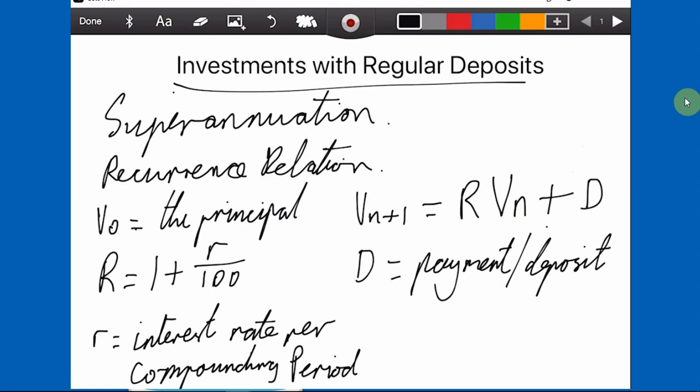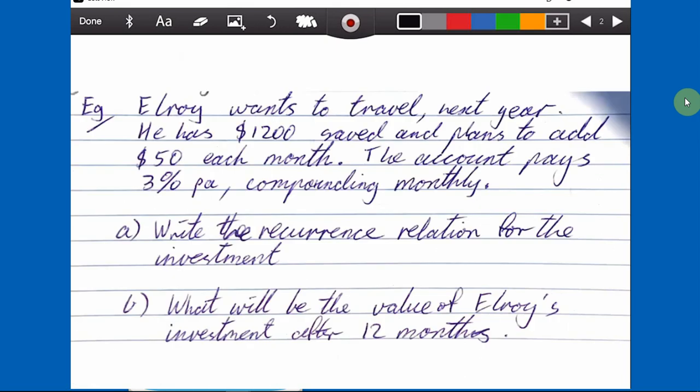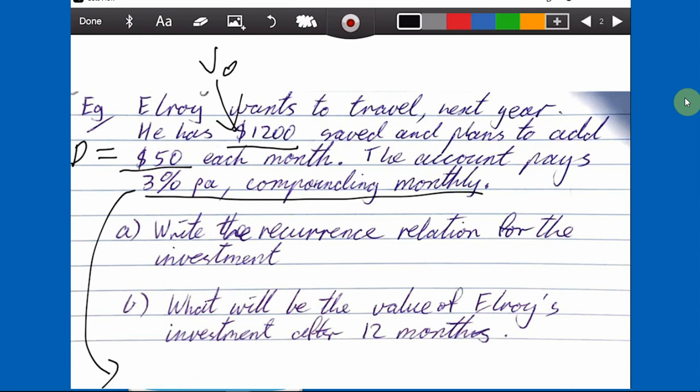All right, so let's have a look at a couple of examples. And so I'll do examples in two ways. The first example we'll look at the recurrence relation, and the second example we'll look at financial solver. All right, so here we go. We've got this fellow Elroy, wants to travel. He's got $1,200, so there's his V naught, and plans to add 50 each month, so there's his D. And the account pays 3% compounding monthly, so that's where our little r comes in.